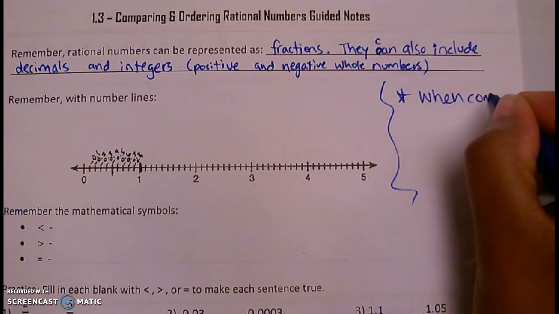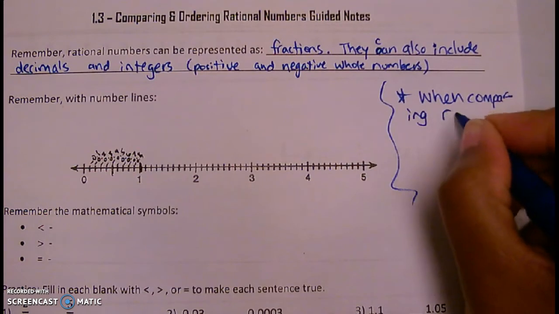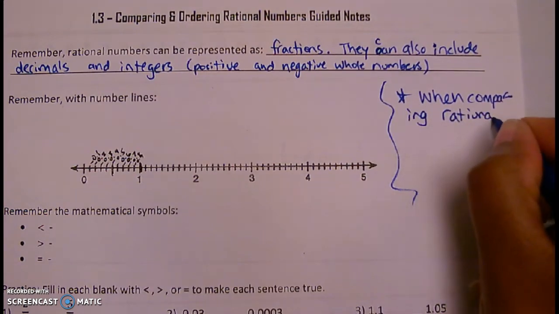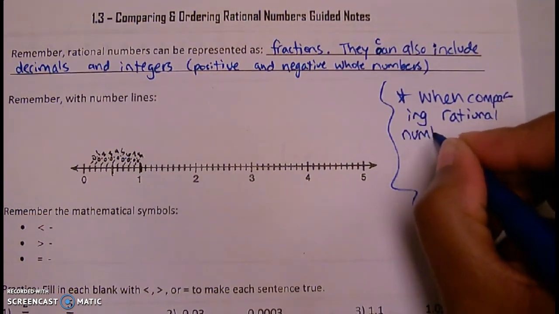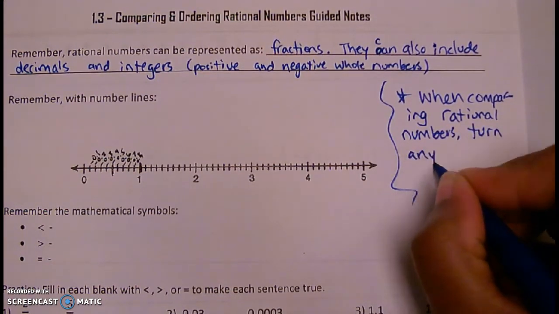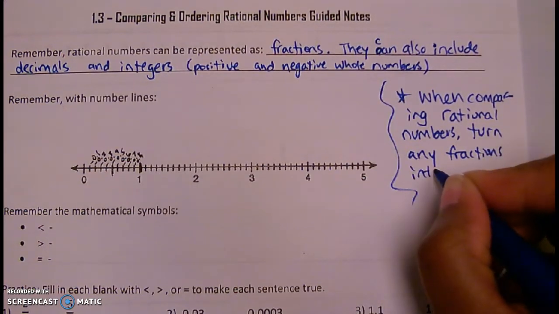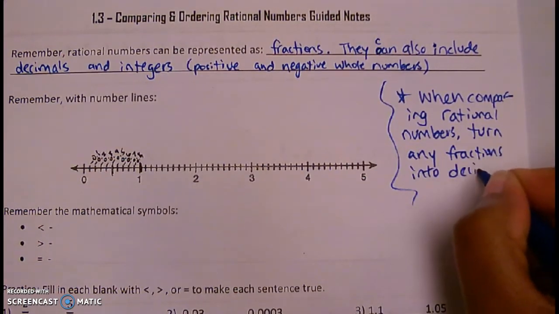When comparing rational numbers, turn any fractions into decimals.